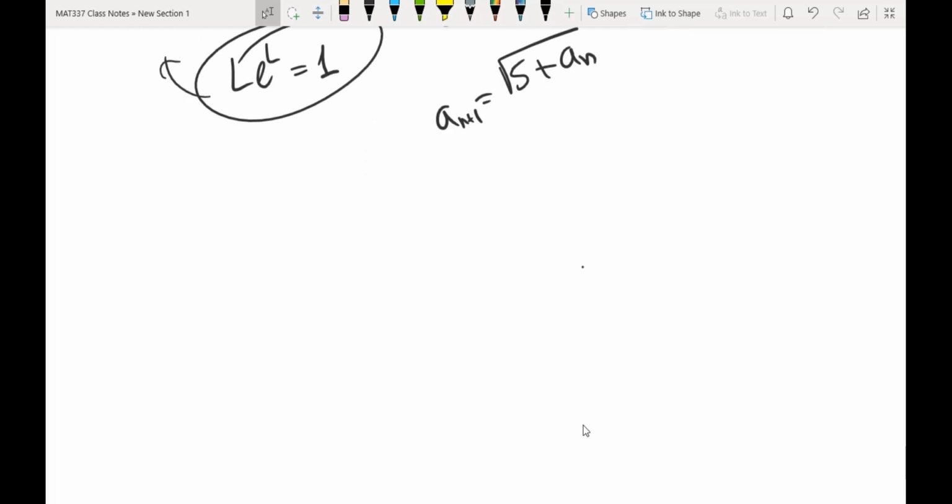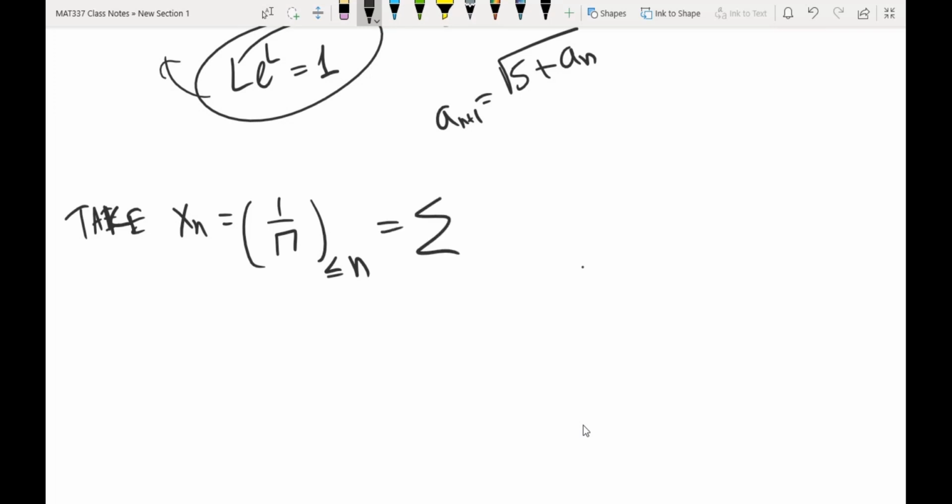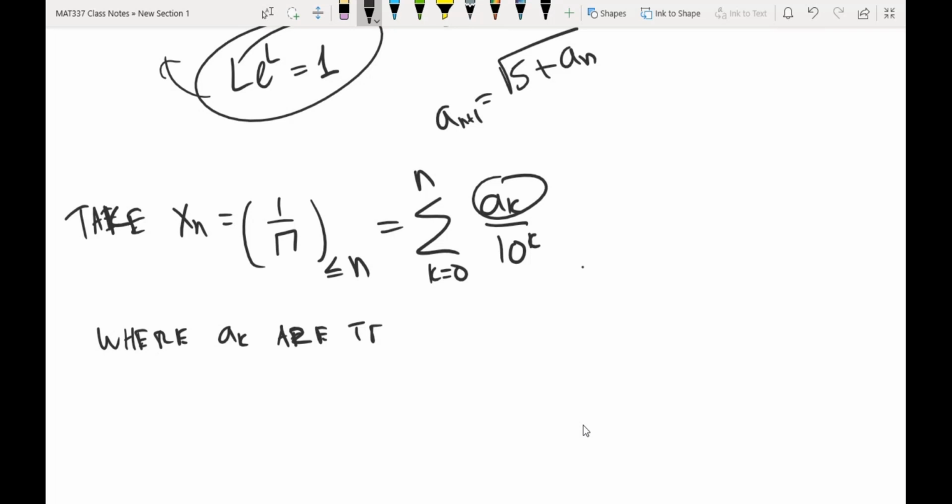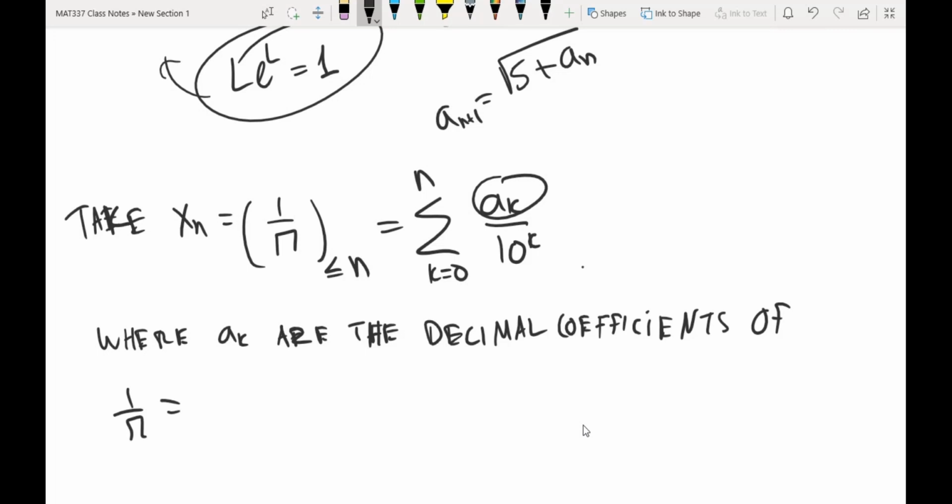But one way to do this, thank you, is take xn to be the sum of AK 10 to the minus K, K from 0 to N, where AK are the first decimal coefficients of 1 over pi.